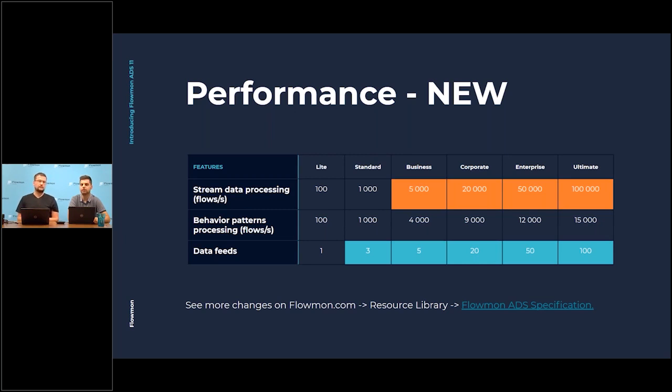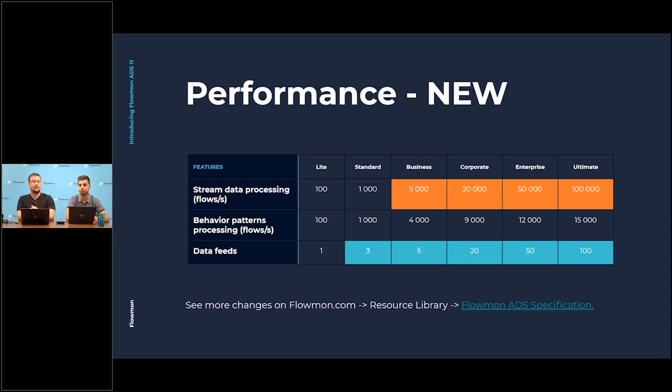Right. And as for the data feeds, actually a data source, you can use multiple of them to help you differentiate or segment the data that you're getting. So for instance, one probe can be one data feed, and if you have that probe at some data center, you can define data from the data center apart from others.